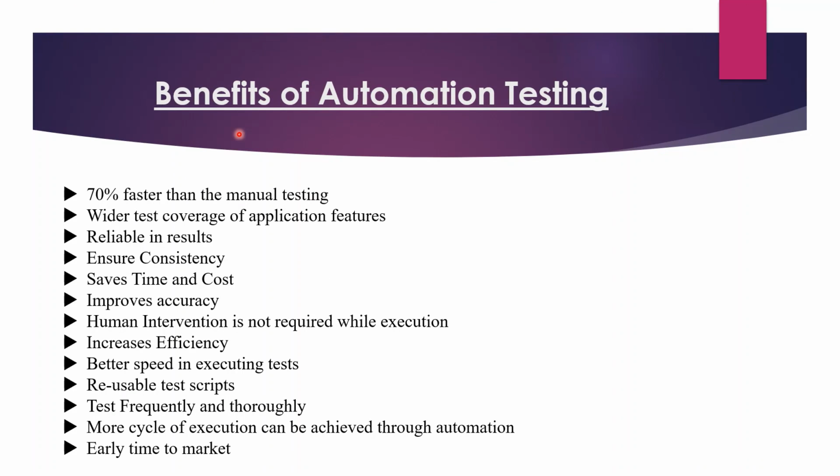Benefits of automation testing: it is 70% faster than manual testing and reliable in results. It gives wider test coverage of application features. It saves time as well as cost.